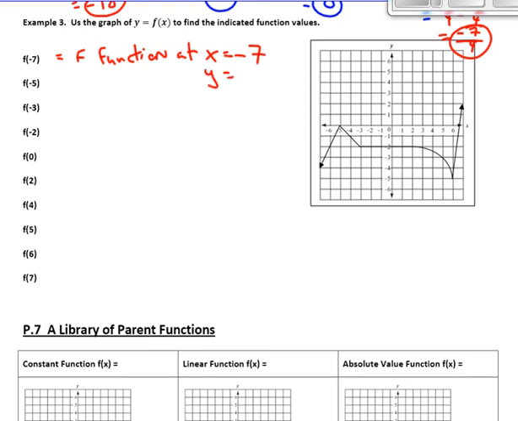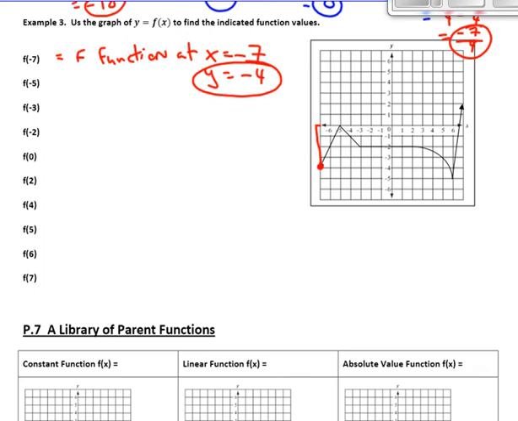That's really the question. So I go to negative 7. Negative 7 for x is way over here. I want to find out where that corresponds to the y value. And it corresponds down here, down at negative 4. So that's what they're looking for, is what does y equal?